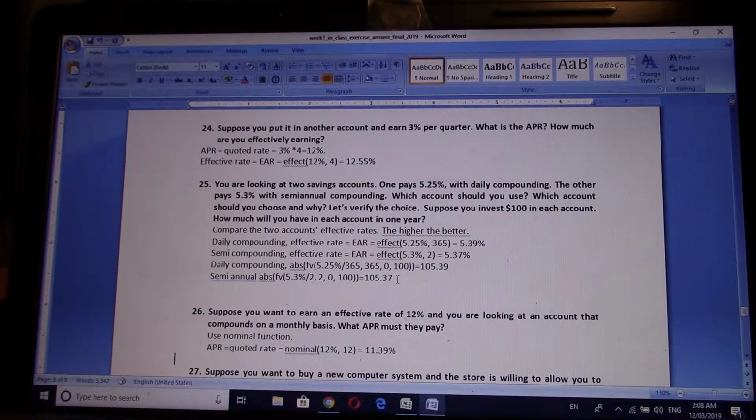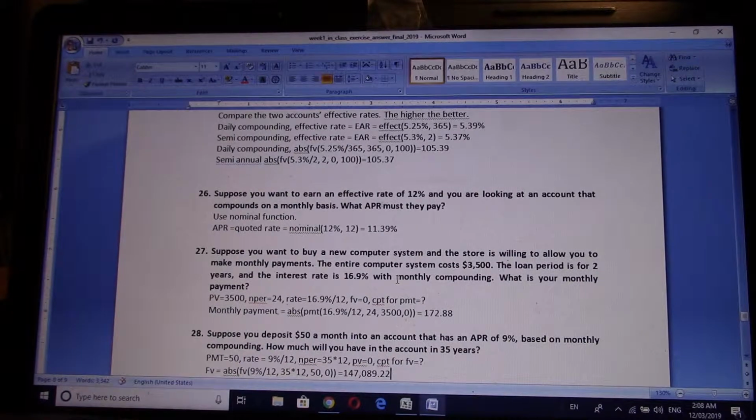Okay, so let's look at question number 26. Suppose you want to earn an effective rate of 12%. So this EAR is 12%. And how much is the APR? Now there's another function in Excel to get the APR if you know the EAR.